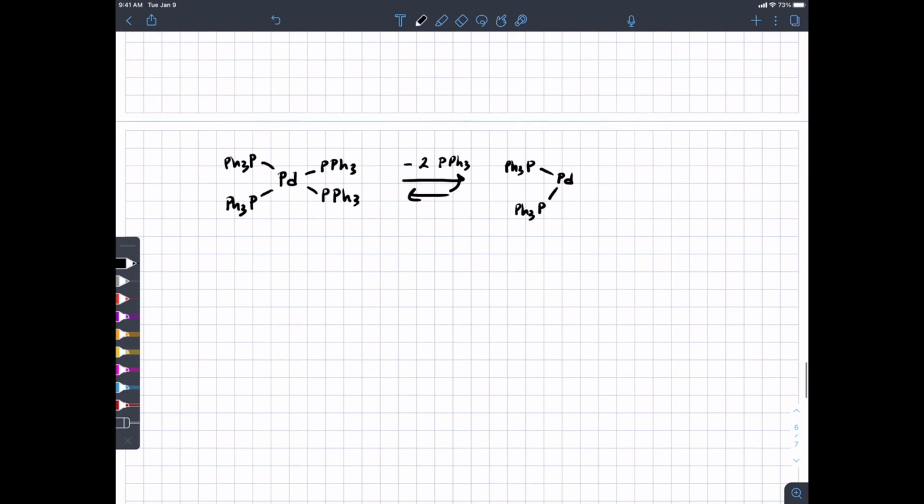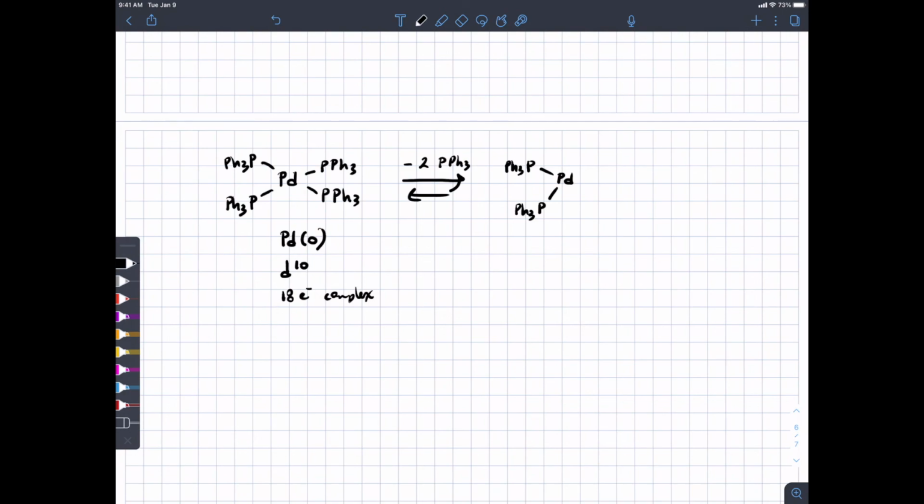If you were to analyze the oxidation state, you would conclude that this is palladium 0. And palladium in the 0 oxidation state has 10 electrons, and overall there would be 18 electrons in the complex.